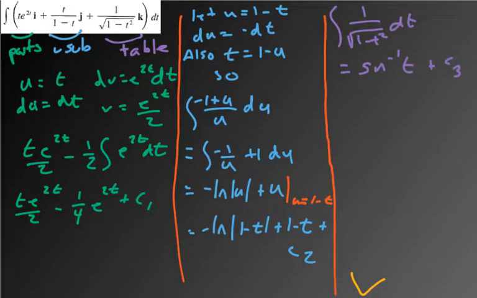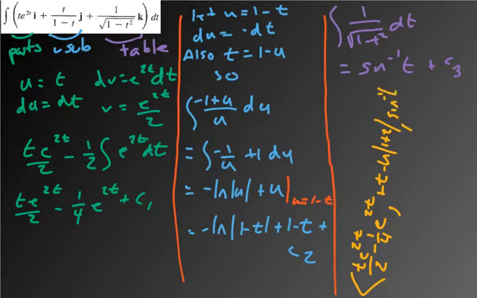So we have t e to the 2t over 2 minus 1 quarter e to the 2t, and then comma, 1 minus t minus natural log 1 plus t, and then comma, sine inverse of t, all of that plus a constant vector.